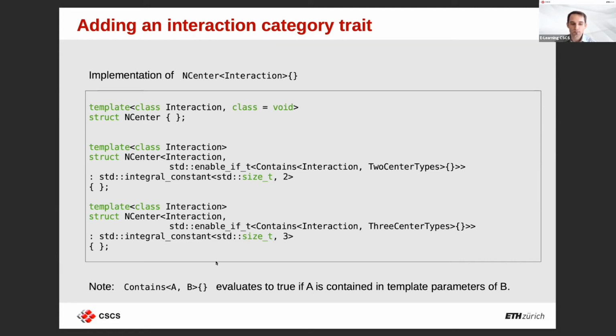There's just one little extra trait that I need here, and that's this contains meta function. That one evaluates to true if A is contained in B, and B is one of those type lists.